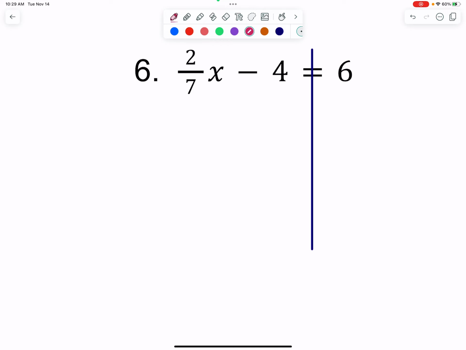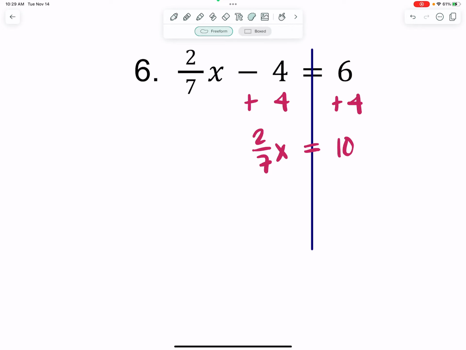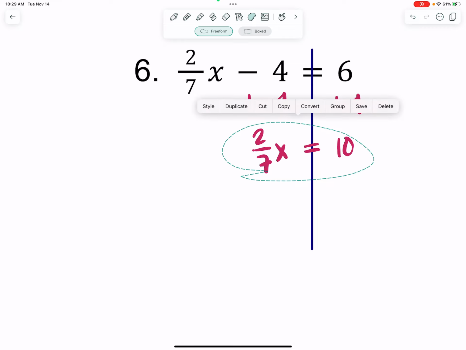This one is a little different because we've got a fraction out front, but we're going to approach it the same way. We're going to add 4 to both sides. Now, I don't know how much you remember from when we solved one-step equations.